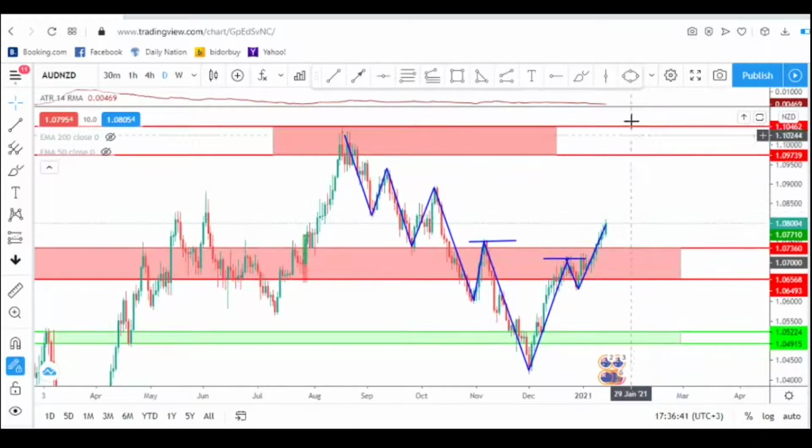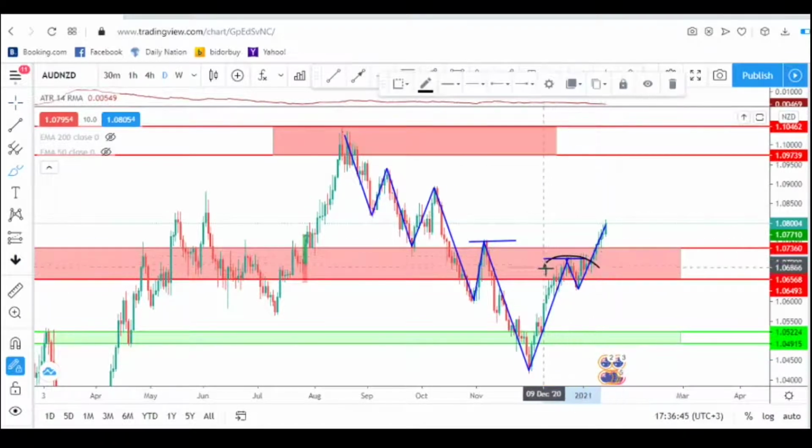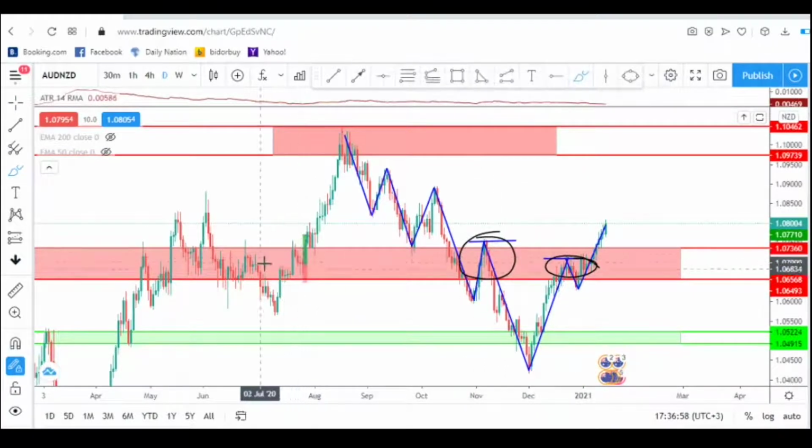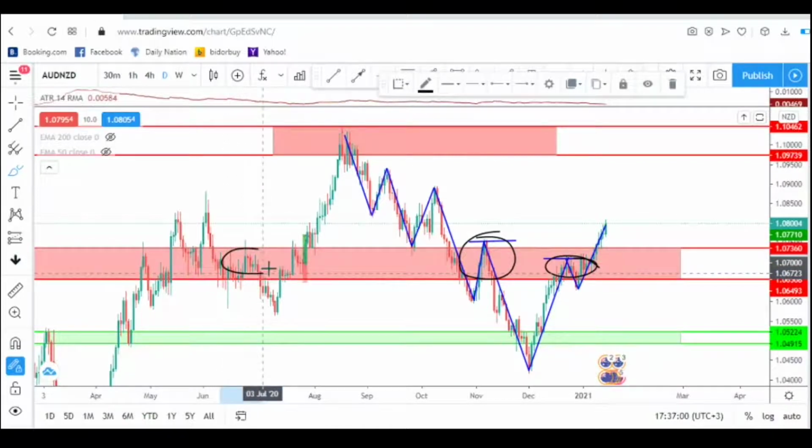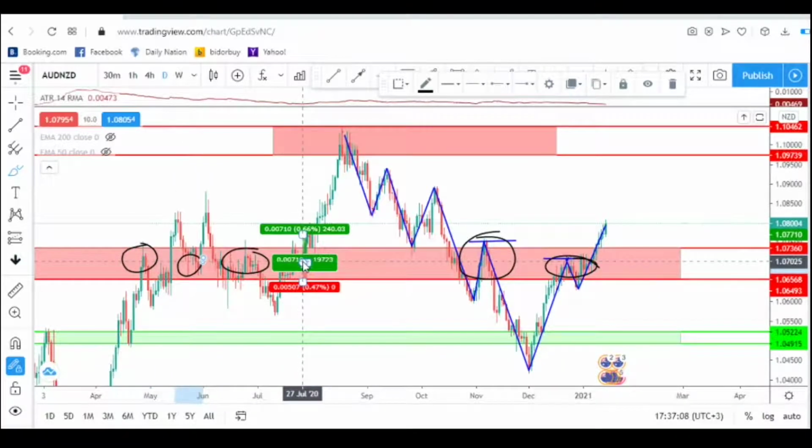And this level was tested here as resistance, and it was tested here as resistance, tested here as resistance, and tested here as support. And in July of 2020, I still have the drawing here.